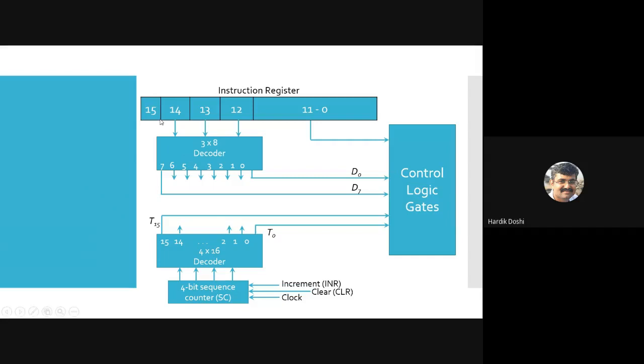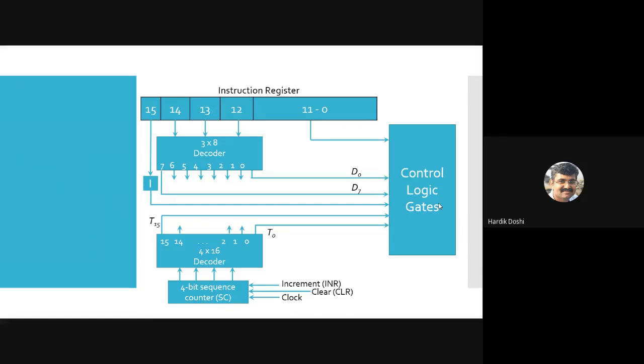And then later on, the 15th bit is connected to the I flip-flop, direct or indirect, and again given to logic gates. Now you have to tell me how this circuit is going to work.